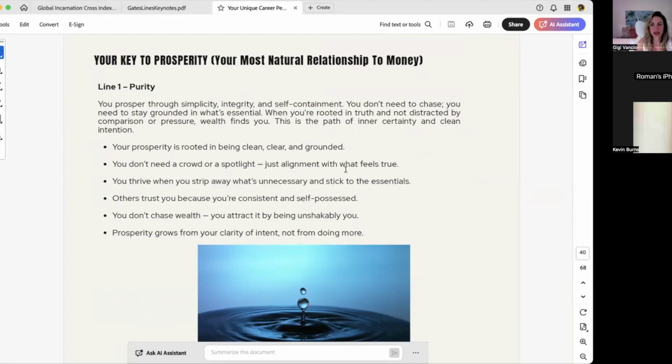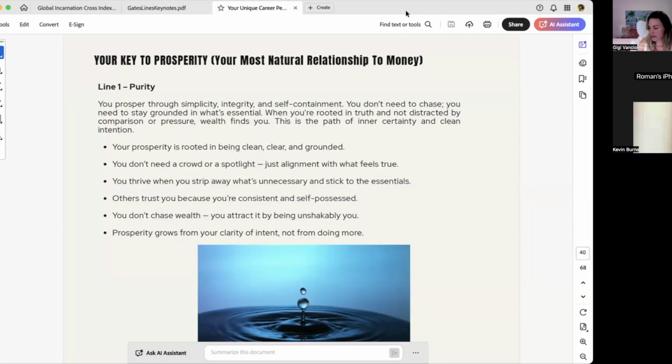So for you, Roman or Kevin, whoever wants to share first, what line do you have on the L on the right side of your chart, on your conscious side? It should be like a point. I have 23.5 for conscious, for the L. Okay, 23.5.